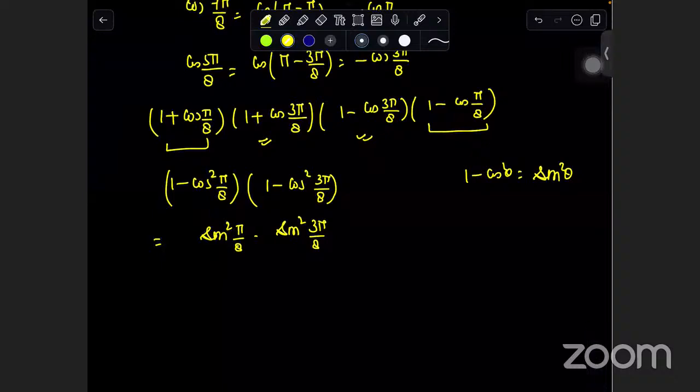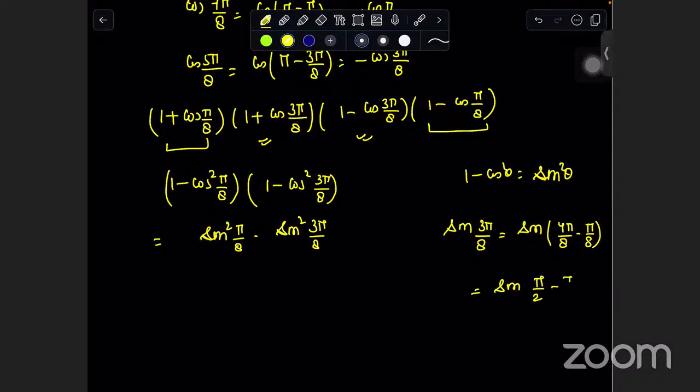Clear up to this point? Now, sine of 3 pi by 8 can be written as sine of 4 pi by 8 minus pi by 8, which is sine of pi by 2 minus pi by 8, which is cos pi by 8.